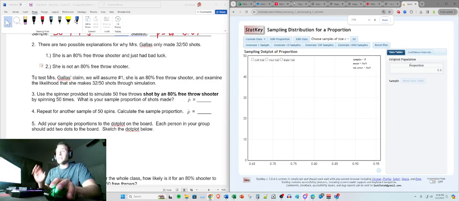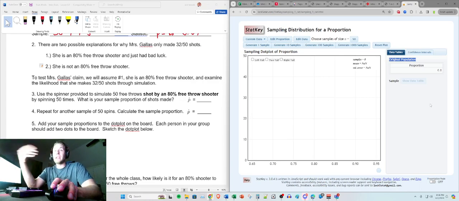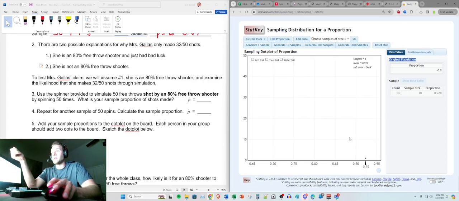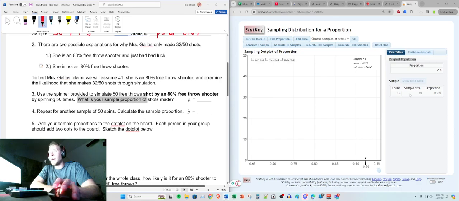In this population, we have an 80% free throw shooter, so we're going to simulate 50 trials with an 80% success rate. We're going to generate one sample. There it is. This sample gave us a 0.92. So I'm going to write that in there. We had, let's do 46 out of 50 for a simulation. That's 0.92.